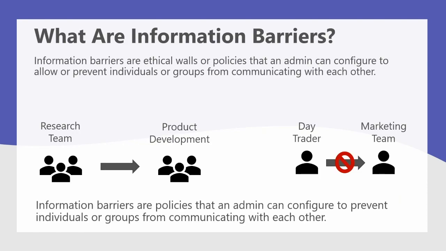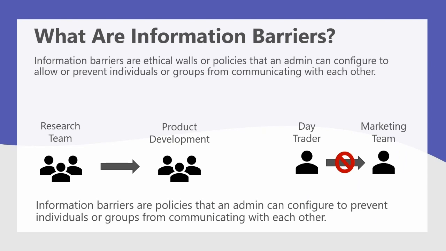So how does this work? It's basically putting up an ethical wall configured by an administrator that either allows or prevents individuals or groups from communicating with each other. For example, you might say that the research team can always communicate with the product team, but the research team is not allowed to talk to, say, the marketing team.